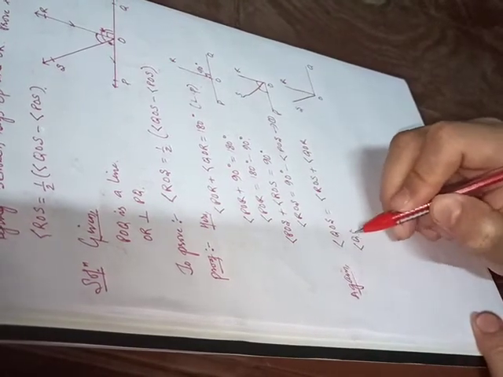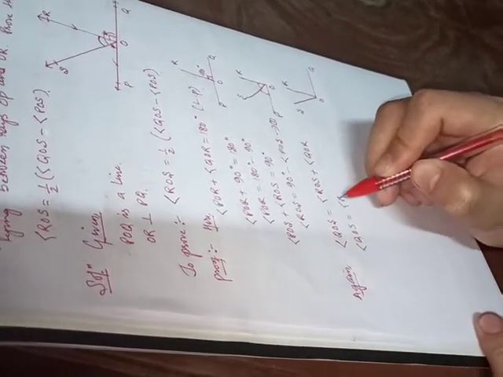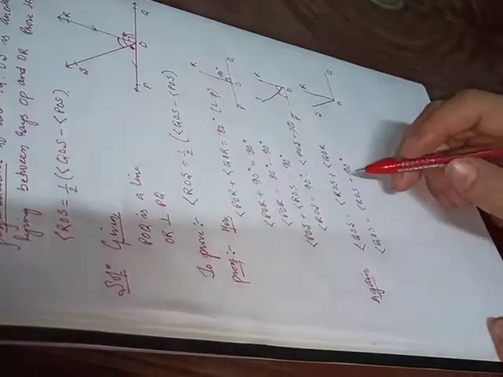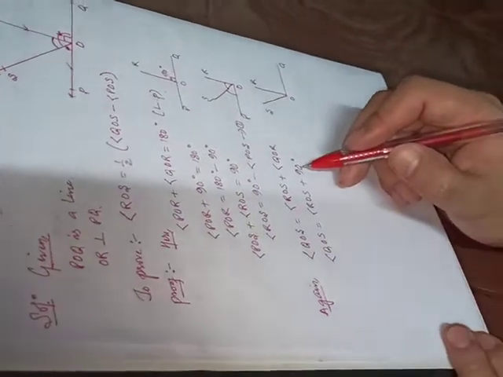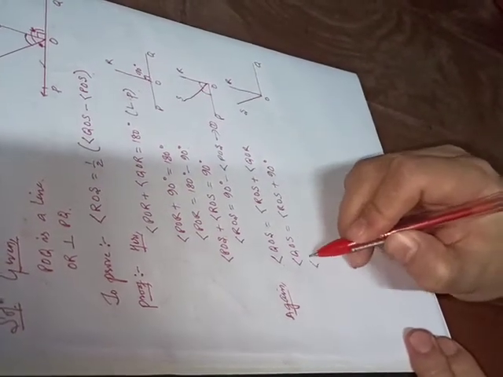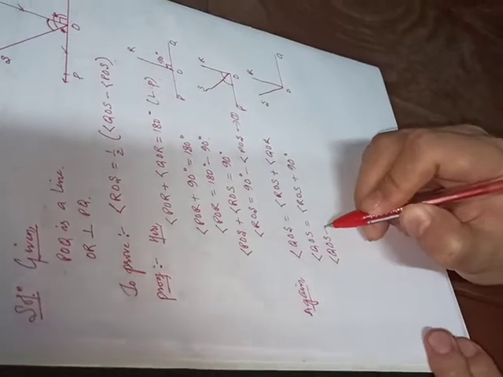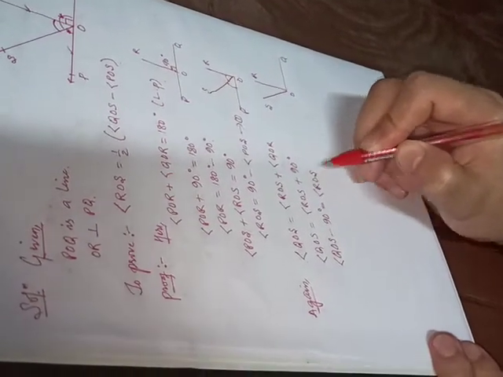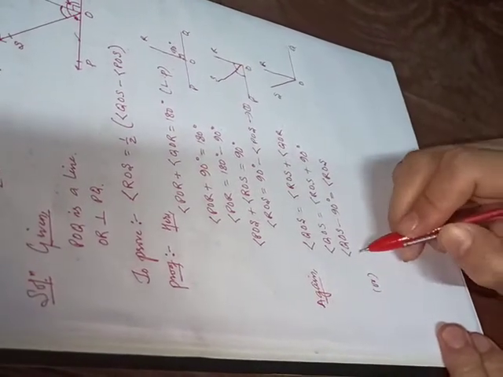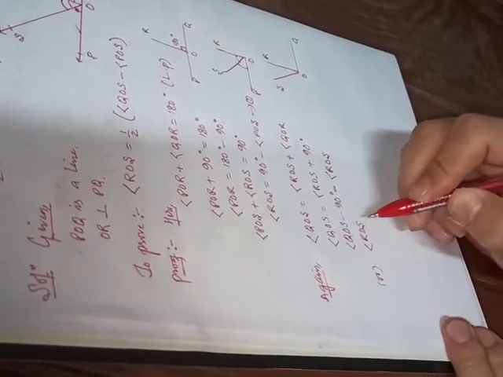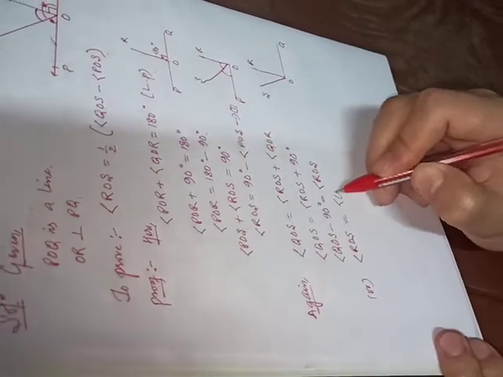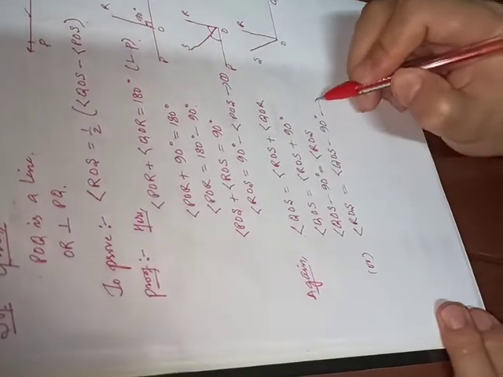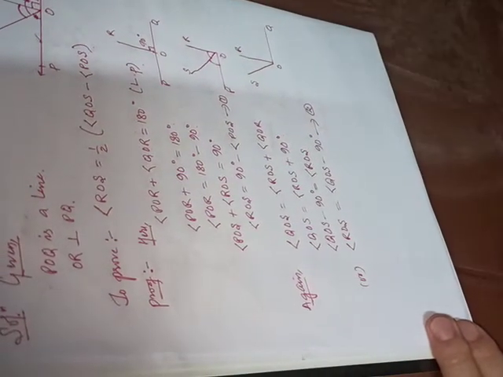So angle QOS is equal to angle ROS plus QOR, which is 90 degrees. So since we need angle ROS, I'm going to transfer plus 90 from the right side to the left side. So on transferring, we get angle QOS minus 90 degrees equal to angle ROS. Or I'm going to change the side, that is angle ROS, I'm going to bring it to the left side, equals angle QOS minus 90 degrees. Is it okay? This becomes equation 2.